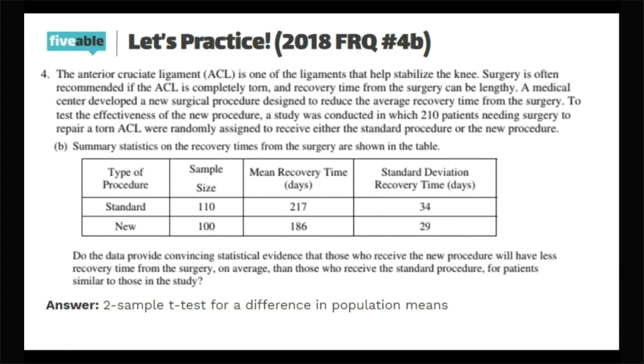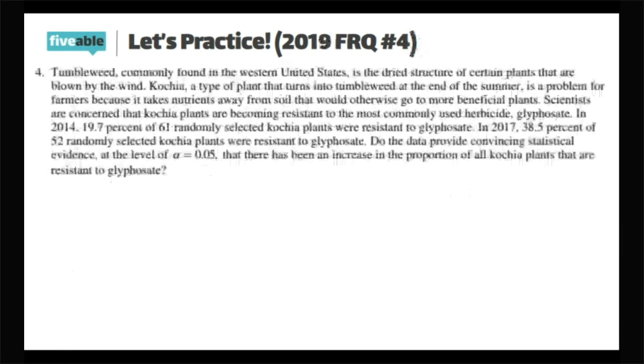All right, here's one from last year. Tumbleweed, commonly found in the western United States, is the dried structure of certain plants that are blown by the wind. I'm not even going to attempt to pronounce that one. A type of plant that turns into tumbleweed at the end of the summer is a problem for farmers. They give us all this wonderful detail about glyphosate as, I guess, a herbicide.